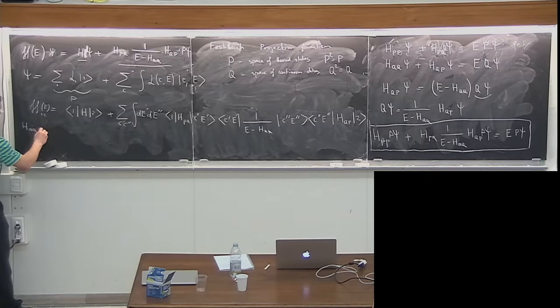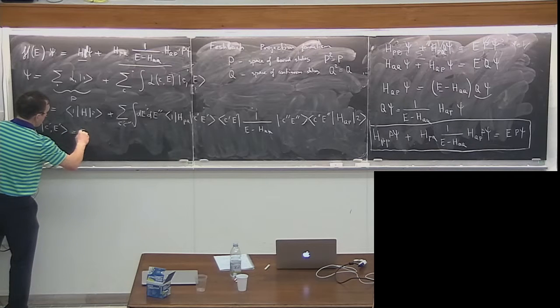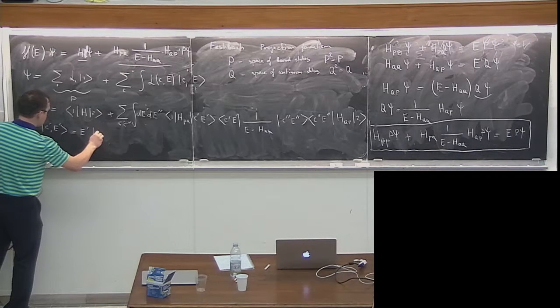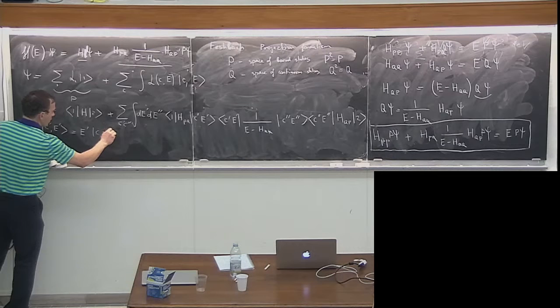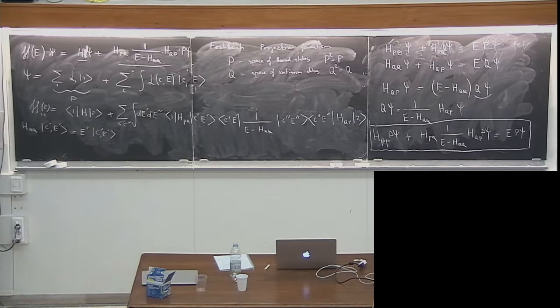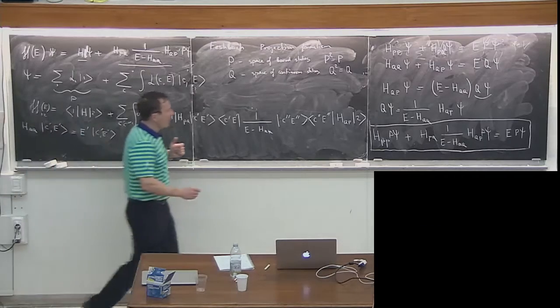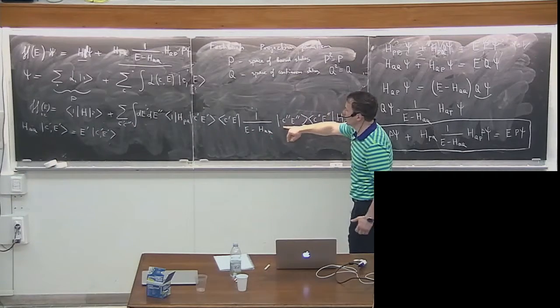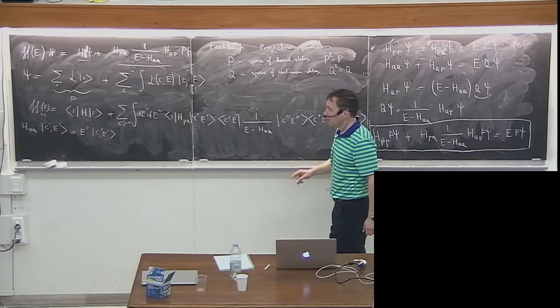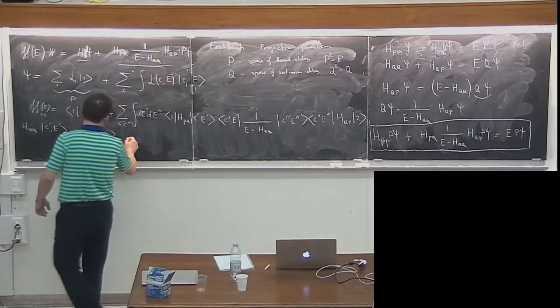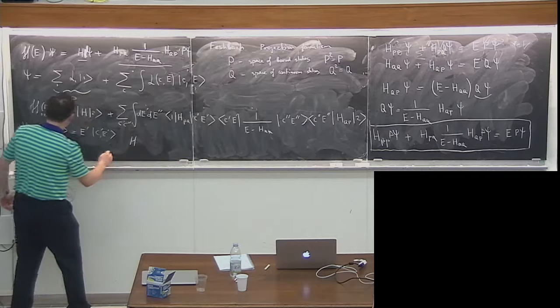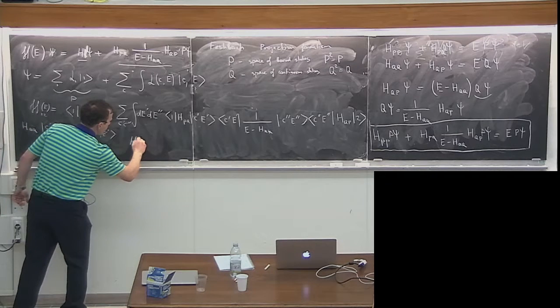So therefore, I would assume that HQQ acting on the state C, E prime is diagonal, so it just gives me E prime times the same thing. Then this goes through completely, and I simplify my curly H12 energy.